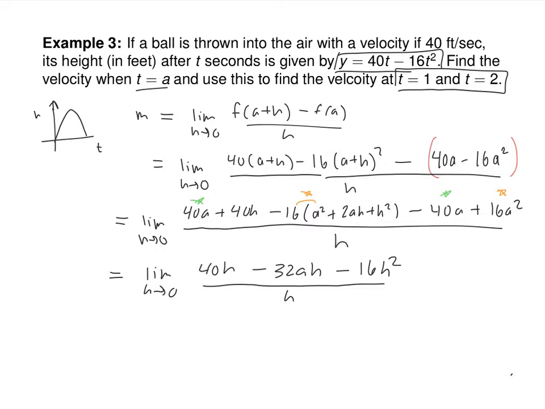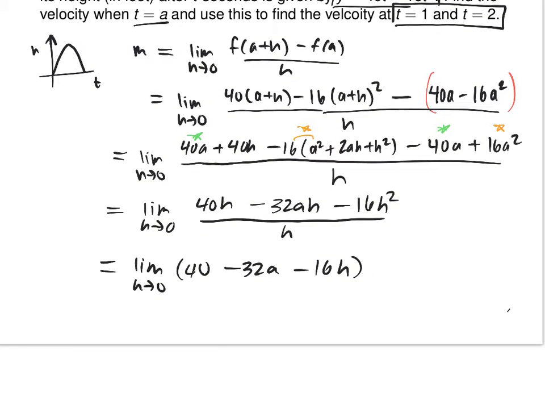Now can that h be canceled? Woohoo, and that should always happen. If it doesn't happen, you did something incorrectly. So this will always work. 40 minus 32a minus 16h. So what does that equal?